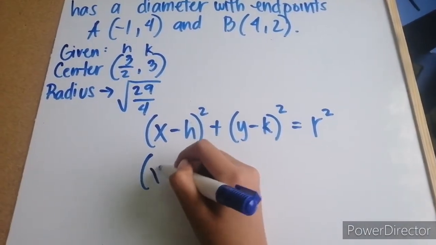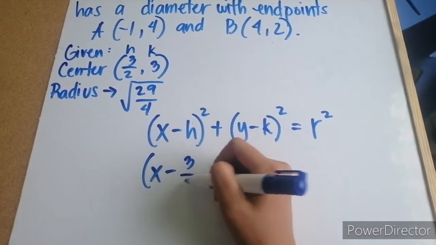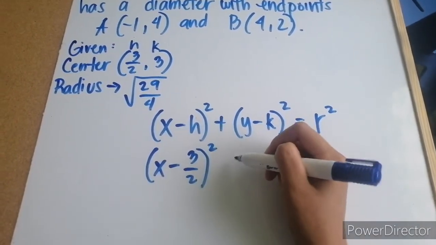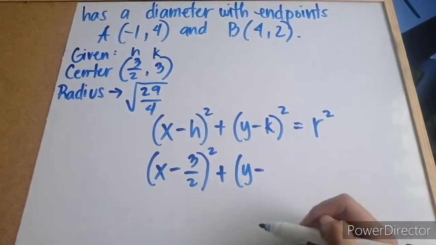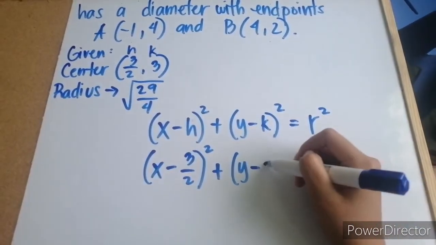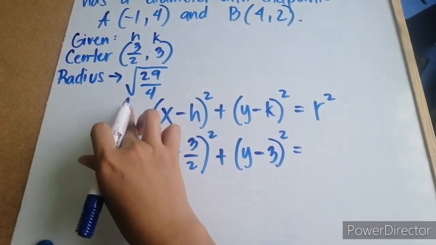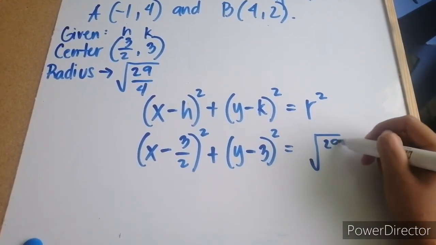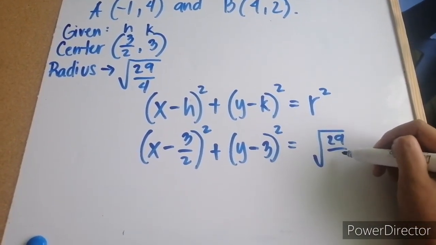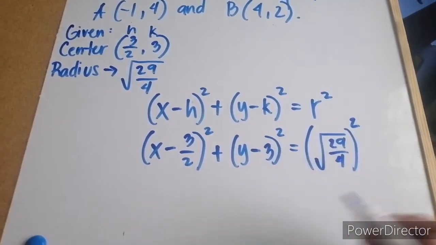We have x minus our h, which is 3 over 2, squared, plus y minus our k, which is 3, squared, is equal to our radius, which is the square root of 29 over 4. Don't forget the squared.